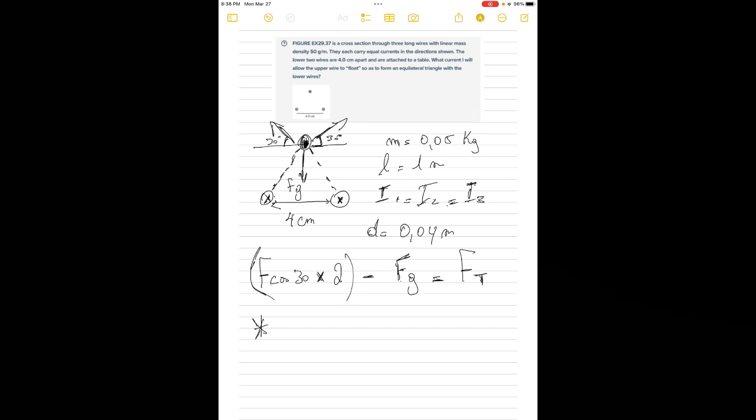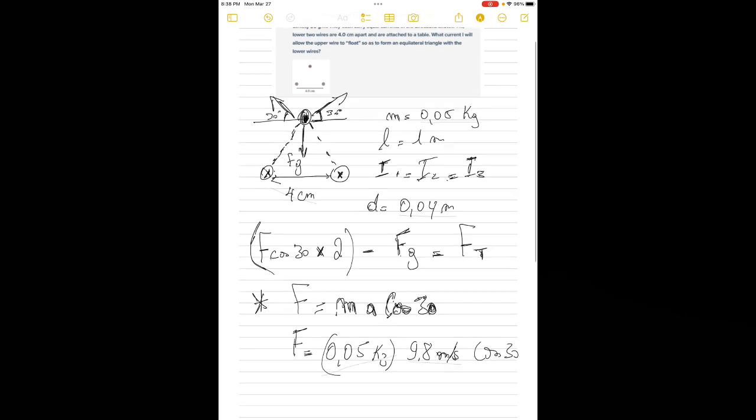So the first force is going to equal mass times acceleration times cosine 30. This equals 0.05 kilogram multiplied by 9.8 meters per second squared, multiplied by cosine 30.